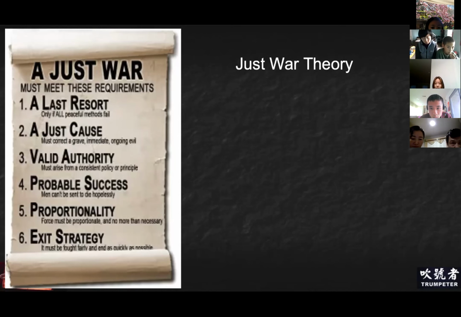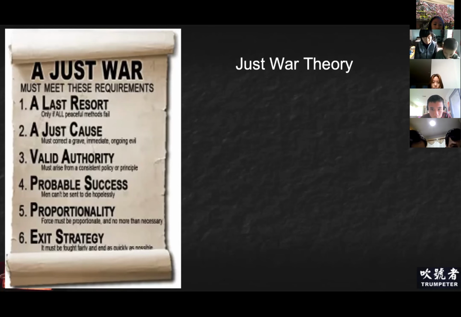You cannot just start it by saying, I'm going to fight. Number 4, probable success. Can this battle be won? If you look at it today, with Ukraine and Russia almost about to fight already, Ukraine probably has no chance to win, right?